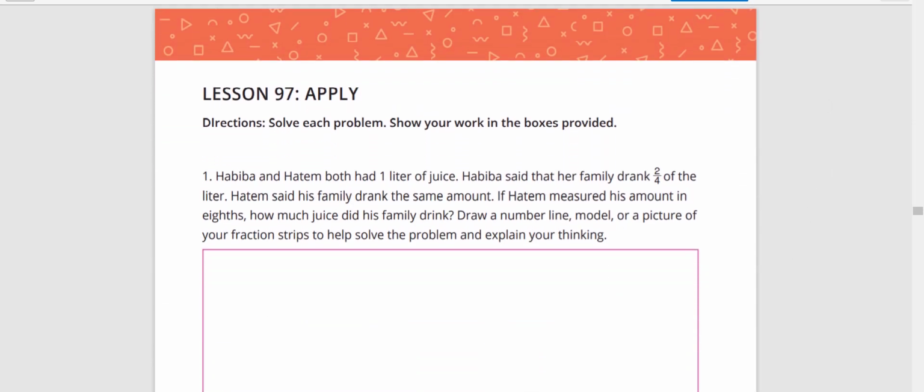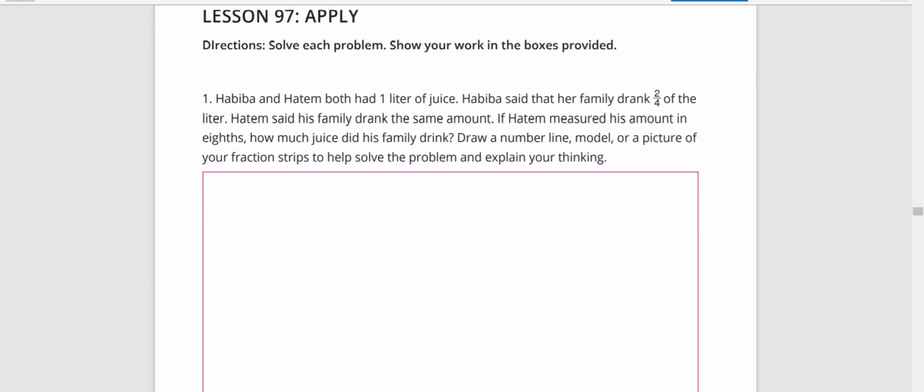On the next page, solve each problem, show your work in the boxes provided. Number 1: Habiba and Hatem both had 1 liter of juice. Habiba said that her family drank 2/4 of the liter. Hatem said his family drank the same amount.